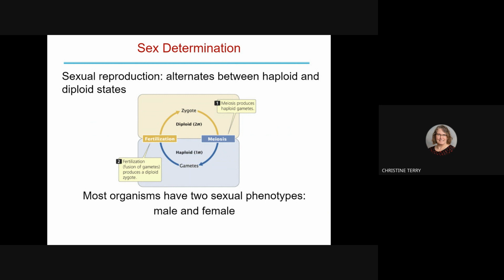But we alternate between a haploid and a diploid state. Our gametes are haploid, and fertilization gives rise to the zygote, which is the early embryo. Once that becomes an adult, meiosis is used to produce haploid gametes, and this continues to cycle.